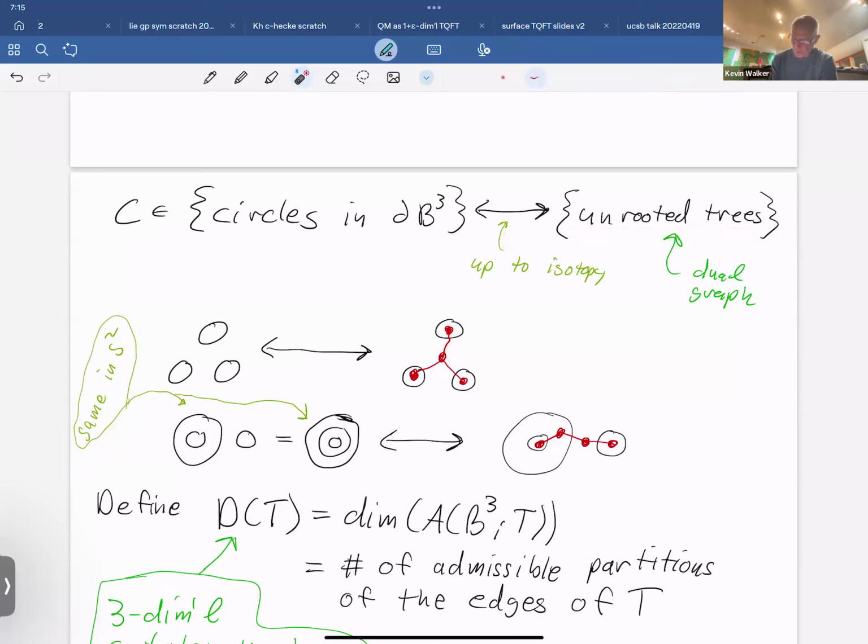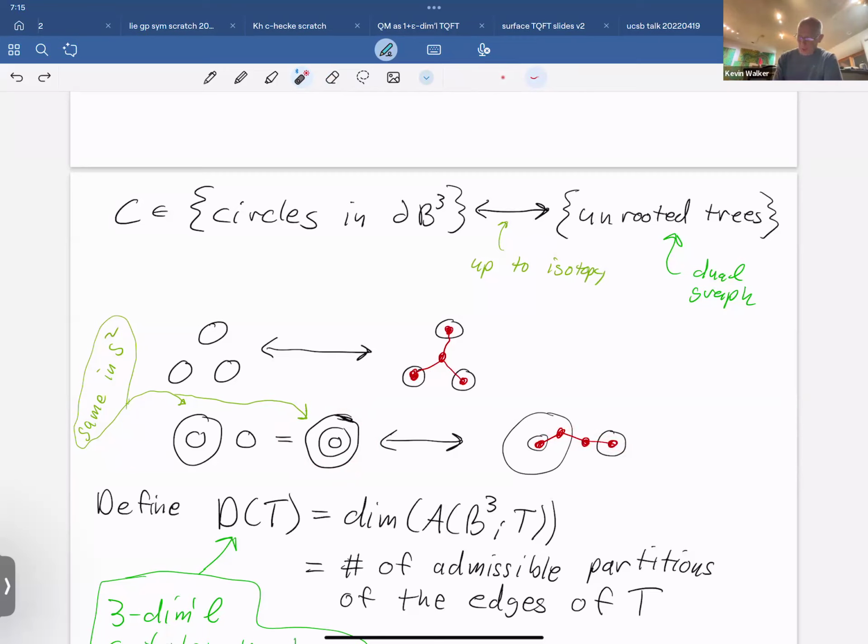So for example, you should think of this picture as being in the 2-sphere, and then the dual graph looks like this tree. And if I have this picture, which up to isotopy in the 2-sphere is the same as this picture, then it's this tree here.